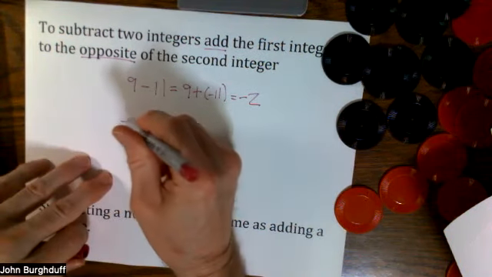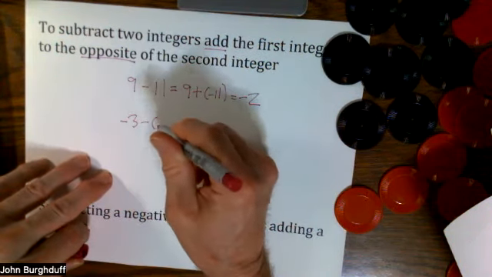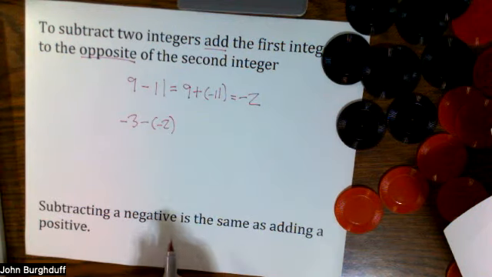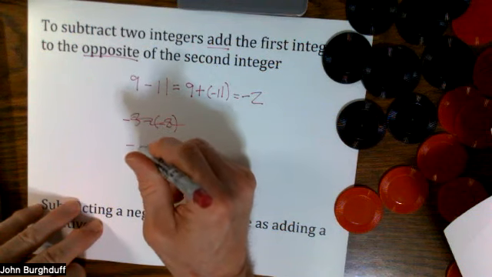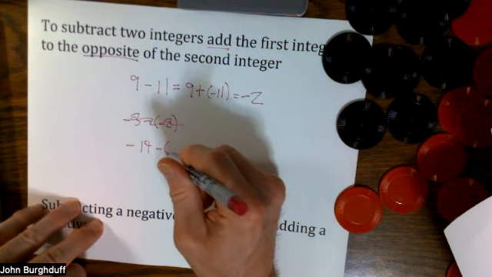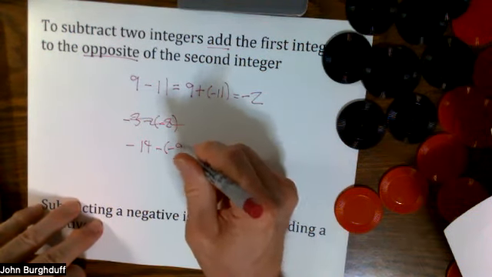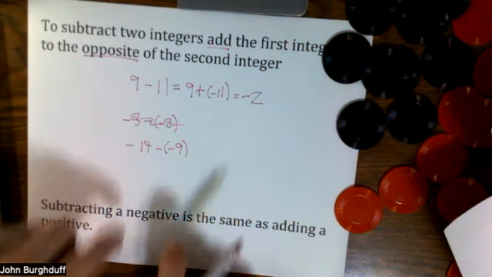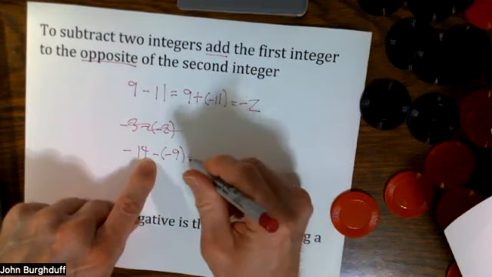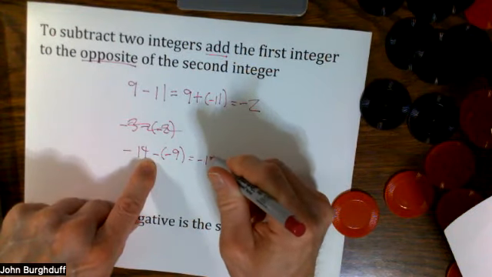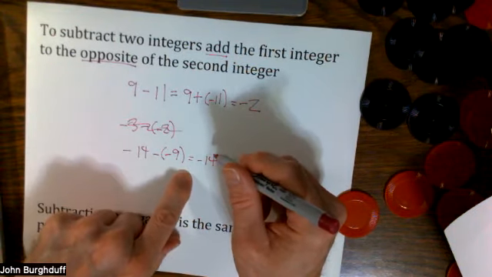Let's do one where we have subtracting a negative. -3 minus -2. Oh, that's the same one we've already done. How about -14 minus -9? To subtract 2 integers, add the first integer to the opposite of the second integer.